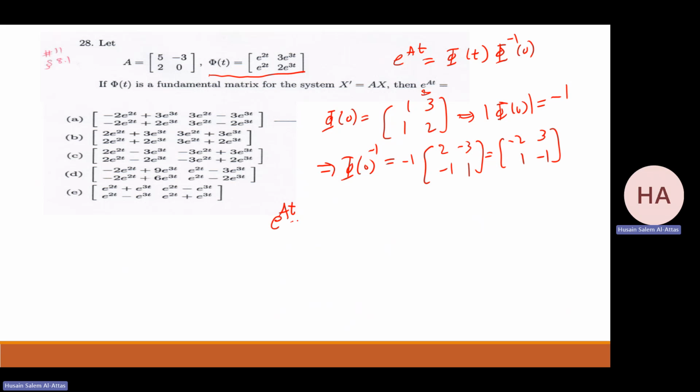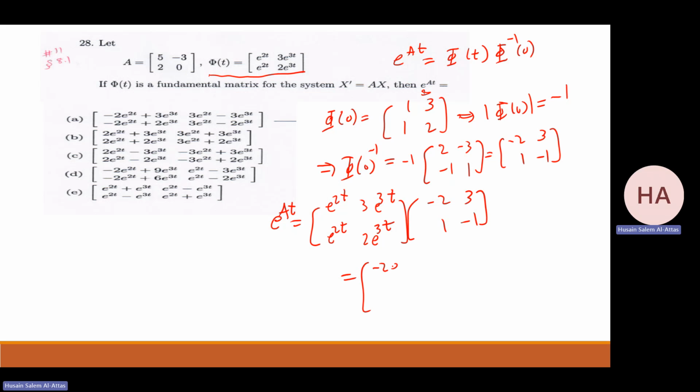So e to the power At will be this matrix Φ(t), which is this, times the inverse.